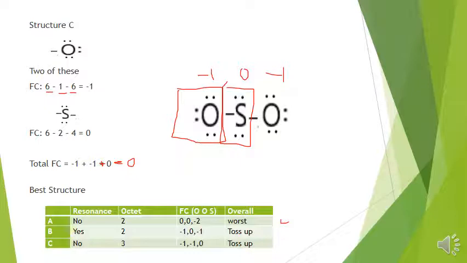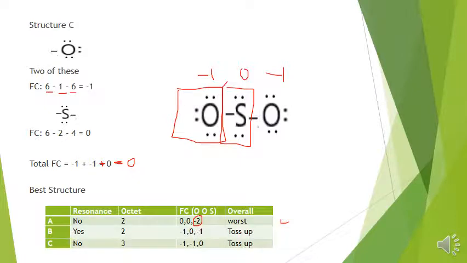The formal charges went -1, 0, -1. I said that was better than this one up here. And the third structure, there was no resonance. It had 3 octets. This one had only 1 formal charge, but it was a big formal charge, and that's a big deal. And the second one had 2 formal charges, but they're split up. And this has 2 formal charges split up as well.